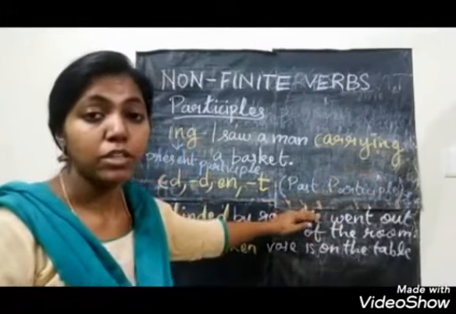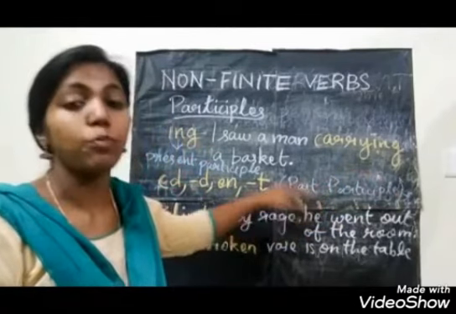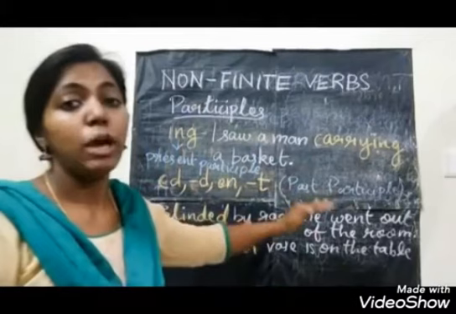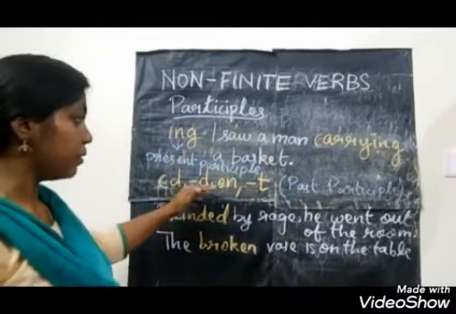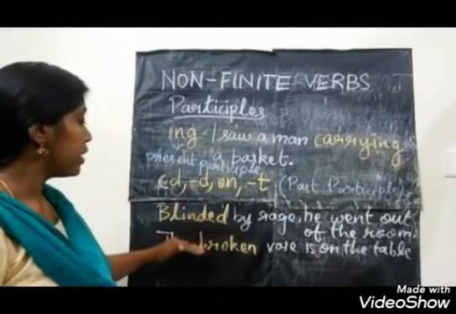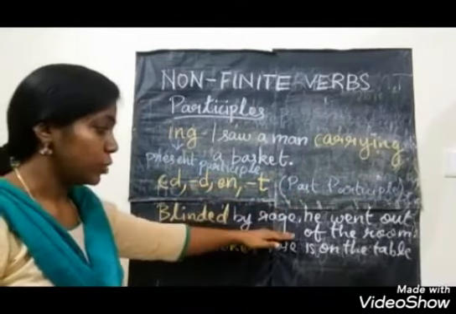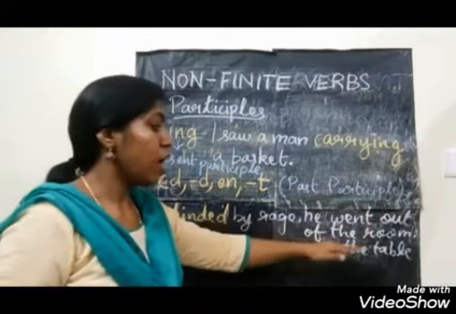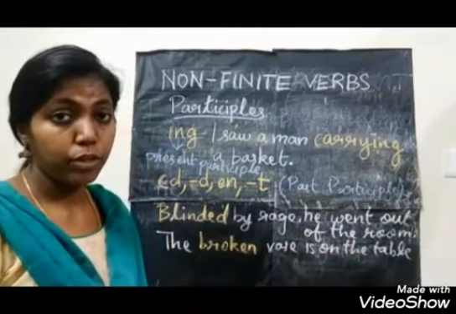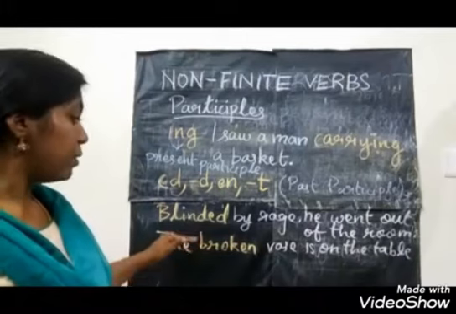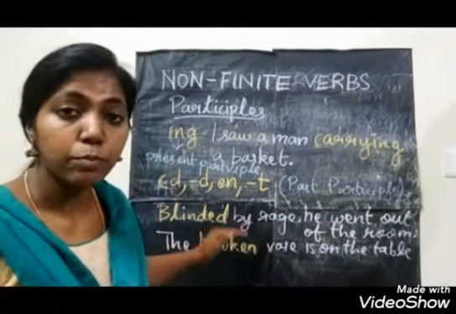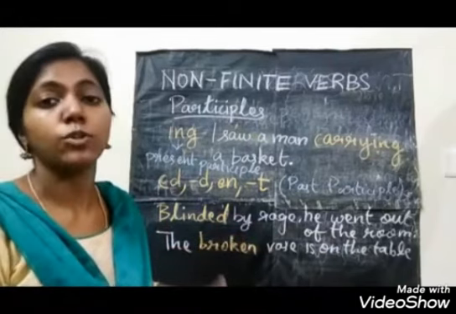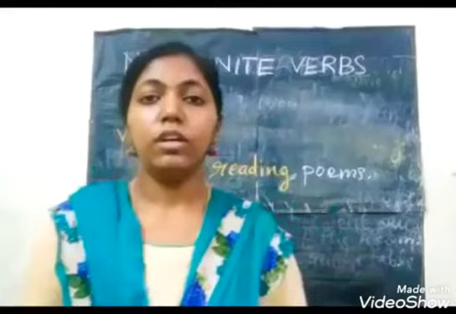Okay, so participle can be divided into two, present participle and past participle. Example for the past participle: blinded by rage, he went out of the room. Second example, the broken vase is on the table. Here the participle refers to the action that is already completed. So that was all about participle.